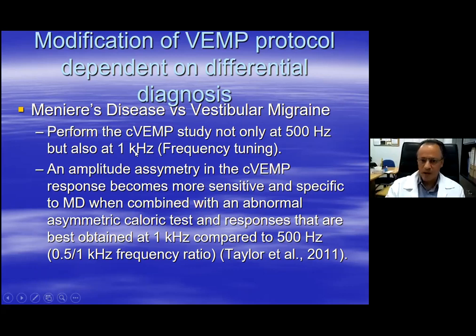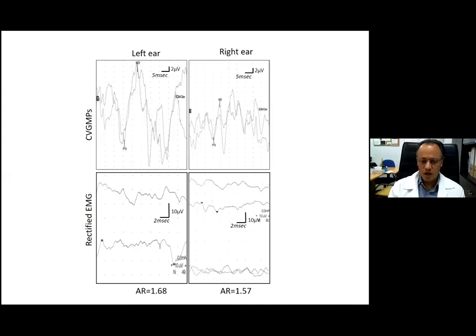If it's vestibular migraine, the maximum response will remain at 500 Hertz. But with Meniere's disease, this will usually shift to 1 kilohertz. So I'll show an example here. This is what I showed you in the first lecture with regards to the importance of recording EMG.